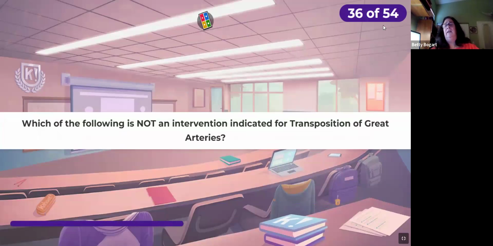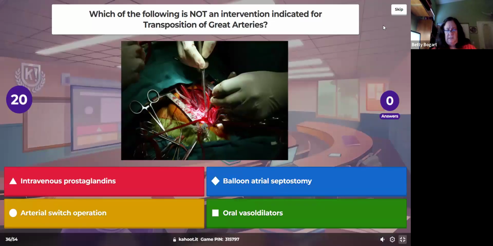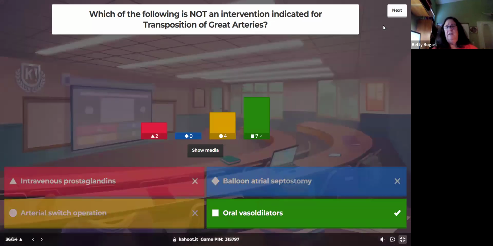Which of the following is not an intervention indicated for transposition of the great arteries? I didn't go over all of these, but there's one you need to check. I think transposition of great arteries is one of the exciting things for nurses. These children come in and we're going to be placing them on the prostaglandins.